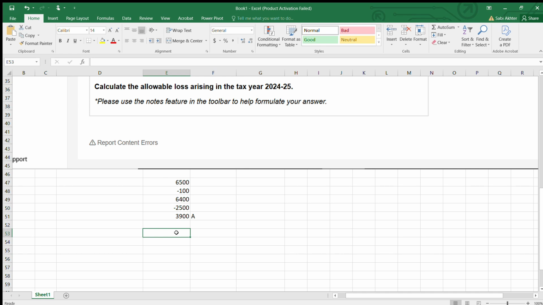Now, we are going to take 5 divided by 3, multiply, and put this in a bracket. What is your sale proceed? Gross sale proceed. Gross means you have to take 6,500 before deducting 100, not your net sale proceed, minus the 6,000.